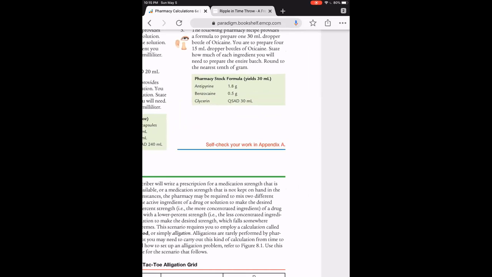So it says, the following pharmacy recipe provides a formula to prepare one 30 ml dropper bottle of Oticaine. You are to prepare 4 15 ml dropper bottles of Oticaine. State how much of each ingredient you will need to prepare the entire batch, rounded to the nearest tenth of a gram.